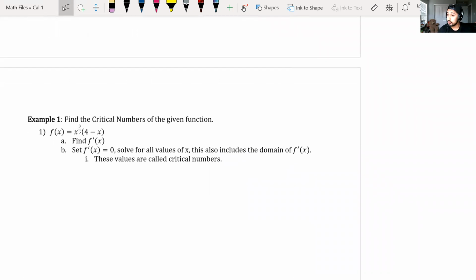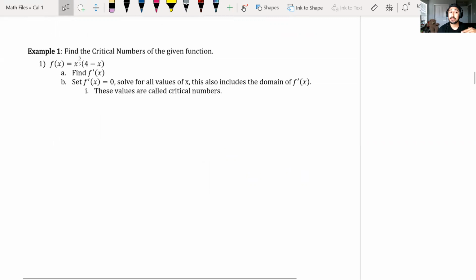To find critical numbers, you take the first derivative, set it equal to 0, and solve for x. If we are given a rational function, which this problem will become, you want to get critical numbers from the numerator and from the denominator. So that's what we're going to do.